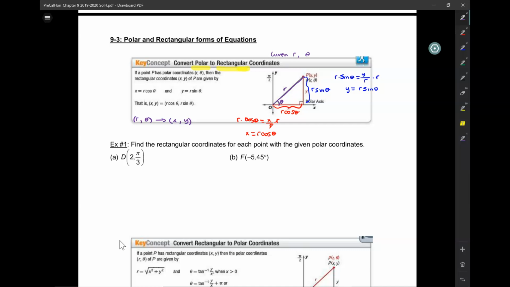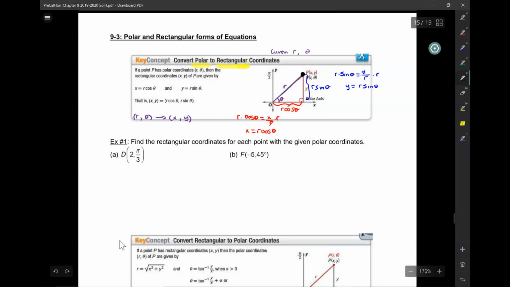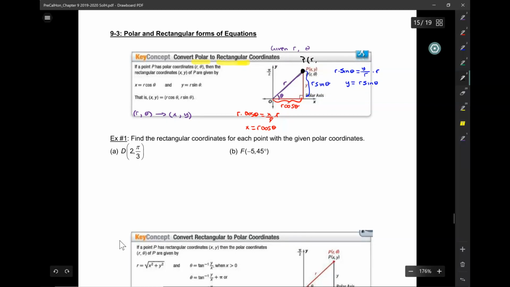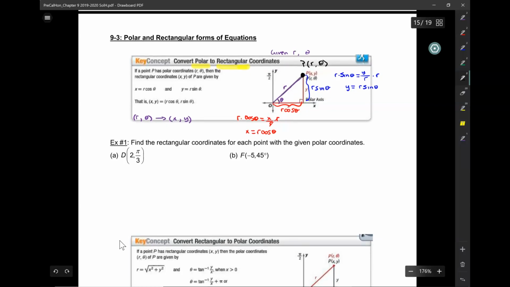So if I have this point here, there are two ways to describe that point. I can either say that point is at r comma theta, or I can say in xy coordinates, the coordinates are r cosine theta and r sine theta.